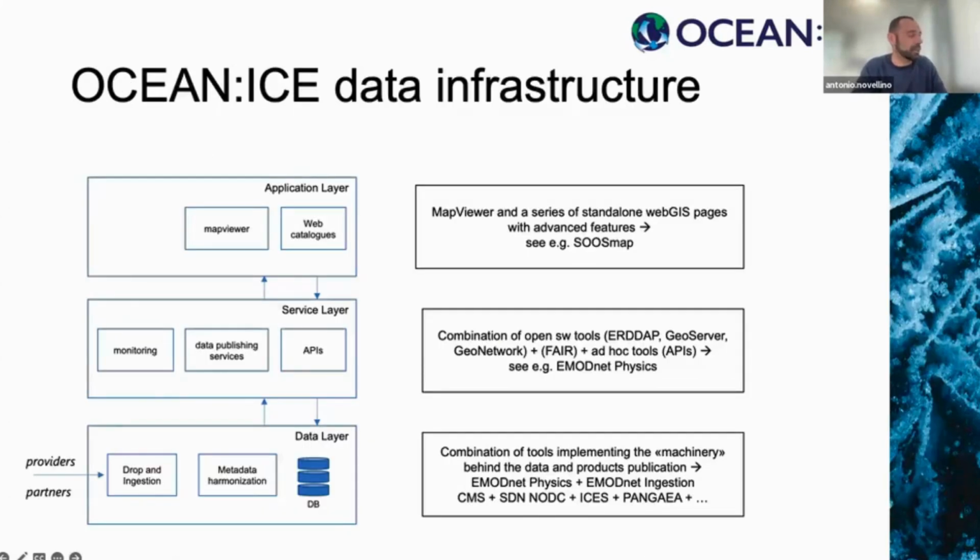Now, before going back to the point on how to exchange more information and better, just a brief recap of how we are implementing the backend data infrastructure of Ocean Eyes. We are building on top of what has been developed during the SOSHIC project.